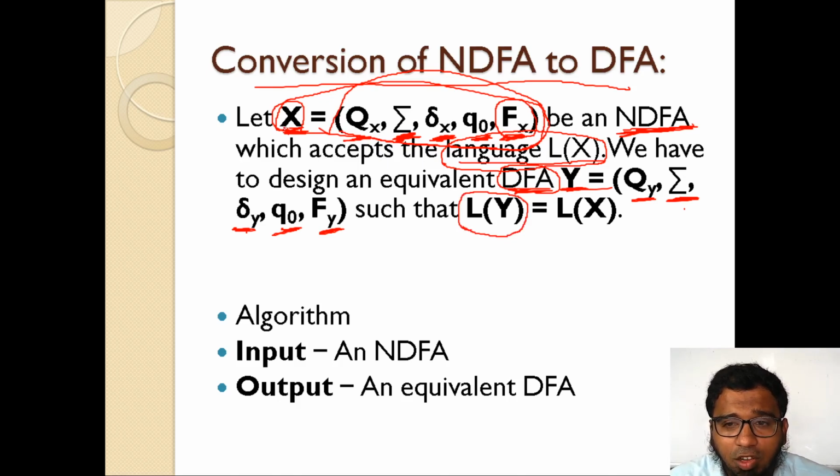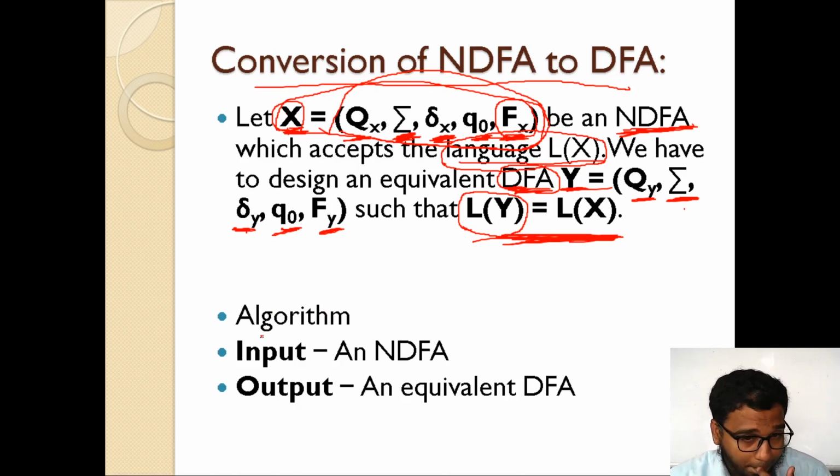X is for NDFA and Y is for DFA. And this should be equivalent, such that L of y equals L of x. This is an important thing because for DFA and NDFA we have already done Q, Sigma, Delta, q0 and final state. You can go to the previous video and see how we did the DFA and NFA.